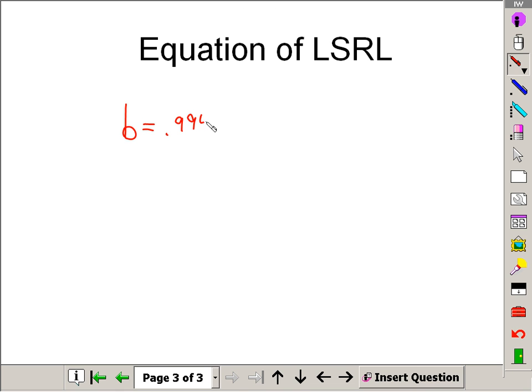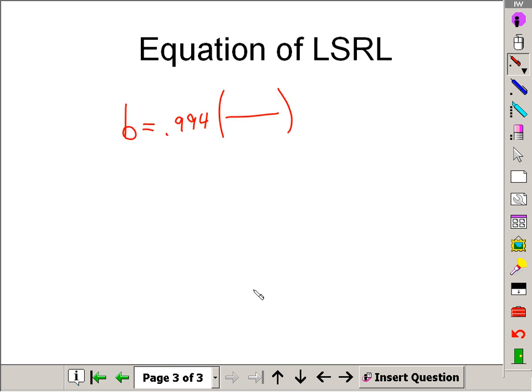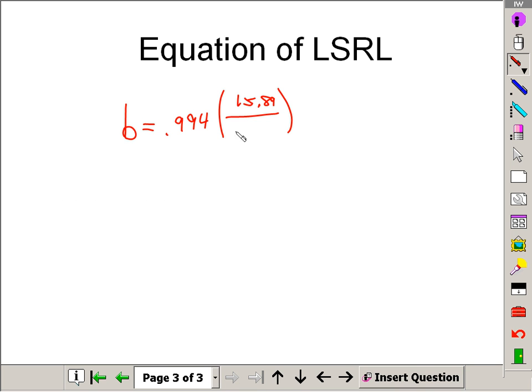B equals 0.994 times SY, 15.89, over SX, 13.198, and when you calculate that, you will come up with approximately 1.197.